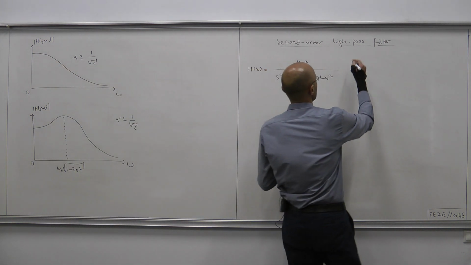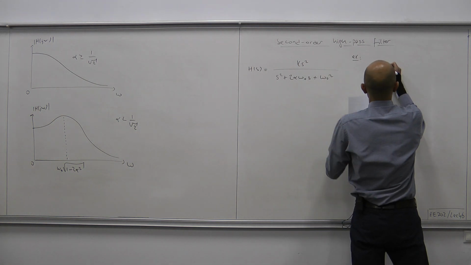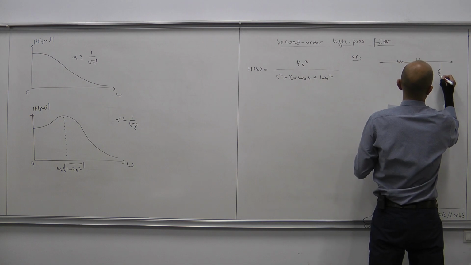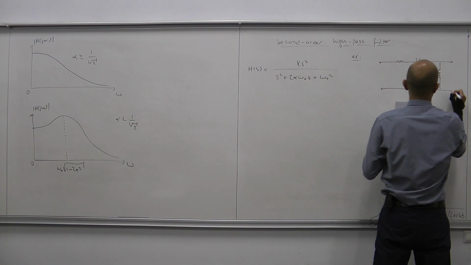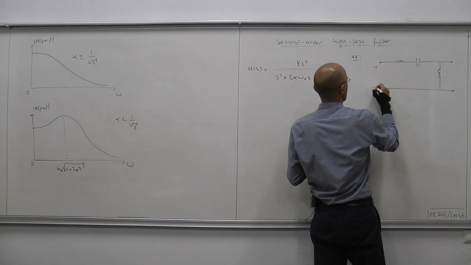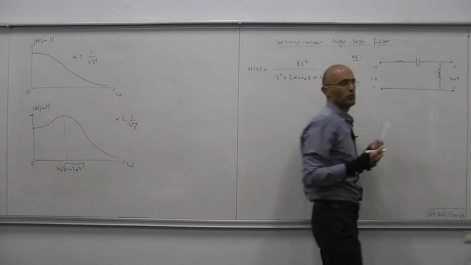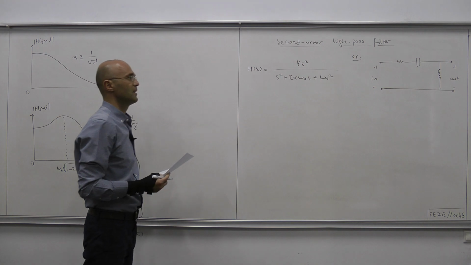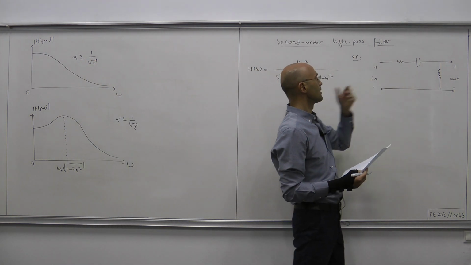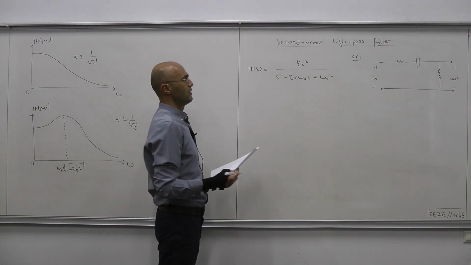And one way to achieve such characteristics would be through the following two-port. Here we have input voltage, and this time we collect the output voltage from the terminals of the inductor. Now, why is that a high pass filter?